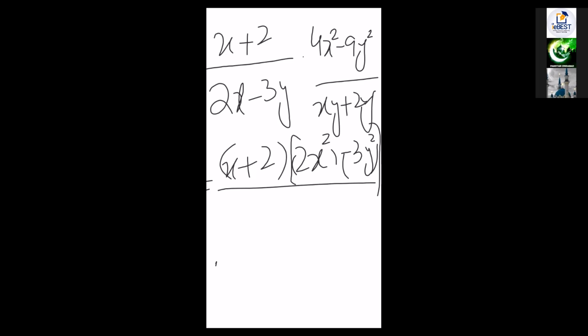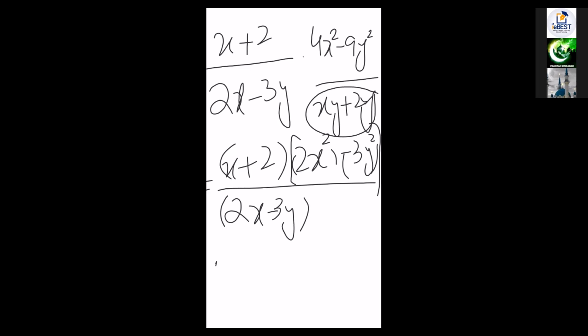Exactly. So now I'm going to solve my denominator as well, which is 2x minus 3y. Okay. And now, can you see any similar thing in the second denominator? Do you see any similar thing in the denominator? The y.